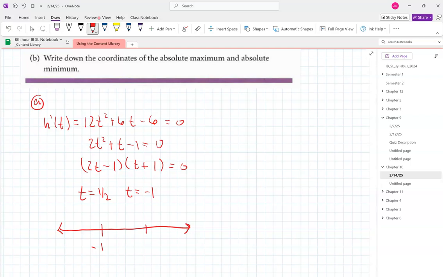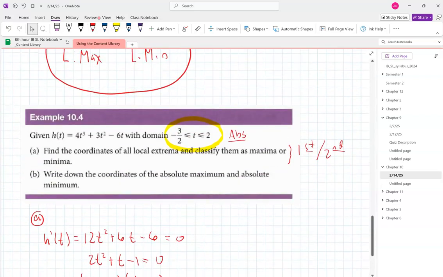I'm going to draw my sign diagram. I'll pick some values for t here. And now you might say, Mr. Kulik, why did you pick such a gross value of t? Why the fraction? Oh, it's the domain. I can't pick a number less than -3/2 because it would be outside of the domain.